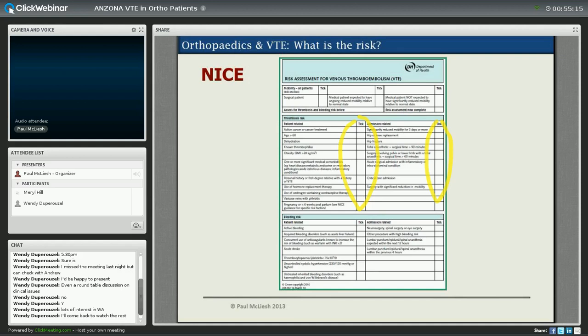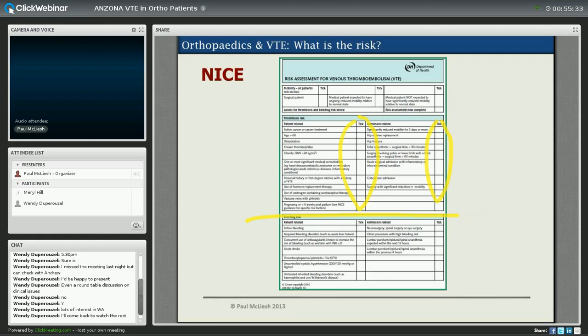If they've got bleeding risk, so again they've got the bleeding risk down the bottom here. If they do have some bleeding risk, then you'd need to refer the patient to the haematologist, and then they will again work out what the best treatment plan is for that patient before they head off to surgery, hopefully.